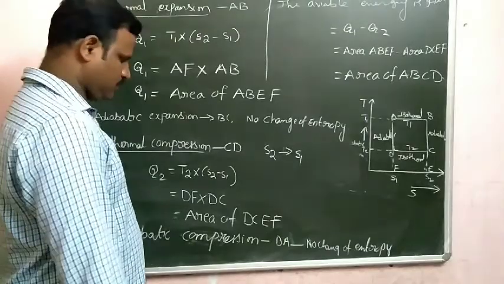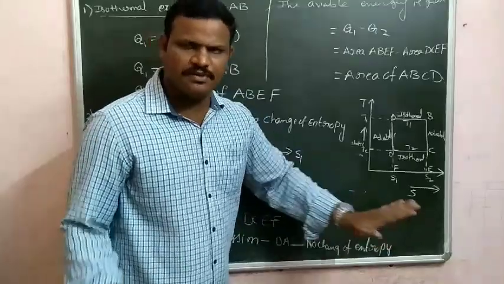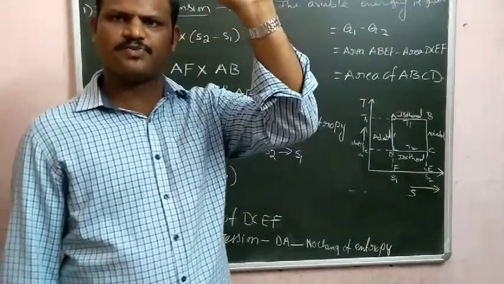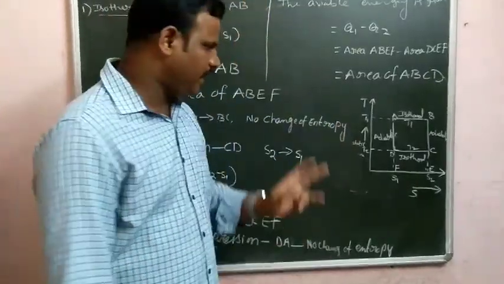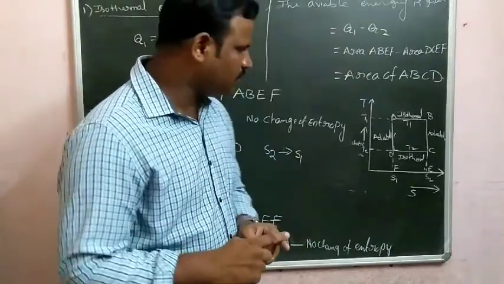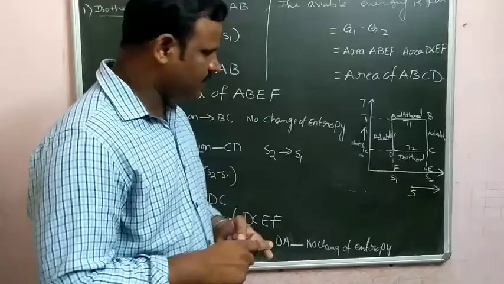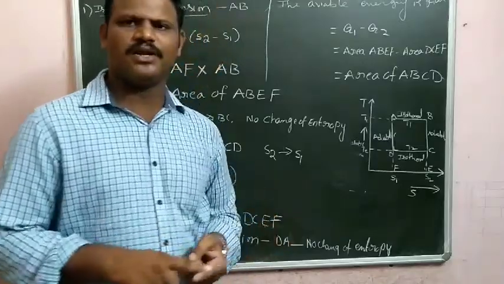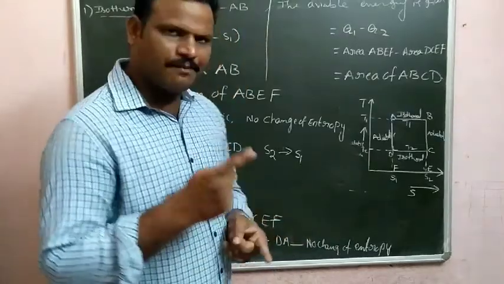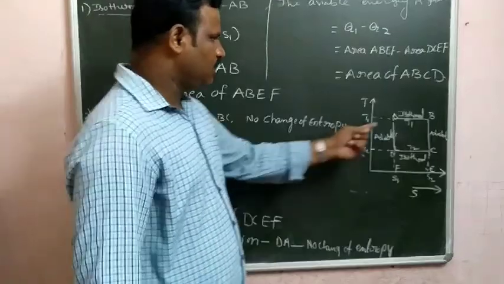From the TS diagram, a very important diagram, there are 4 main parts: isothermal expansion, adiabatic expansion, isothermal compression, adiabatic compression. AB is the isothermal expansion, BC is the adiabatic expansion, CD is the isothermal compression and DA is the adiabatic compression. Next, AF is temperature T1, DF is temperature T2.